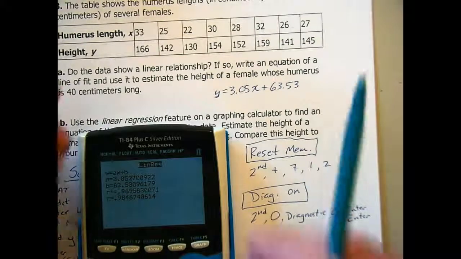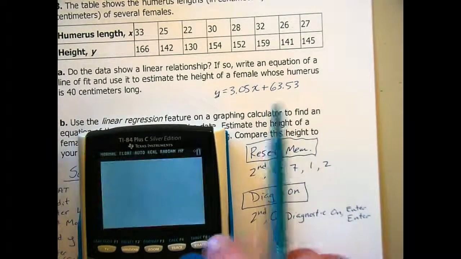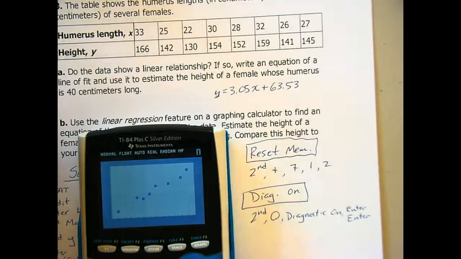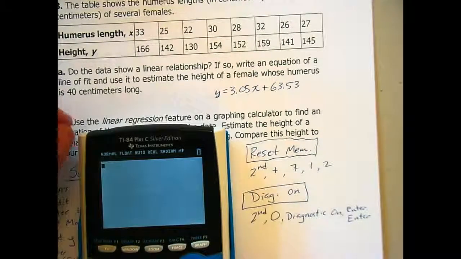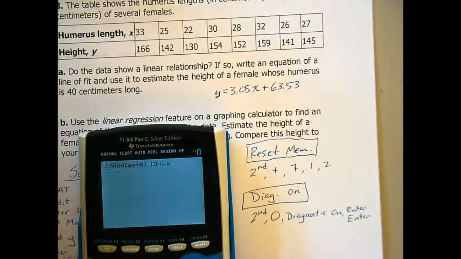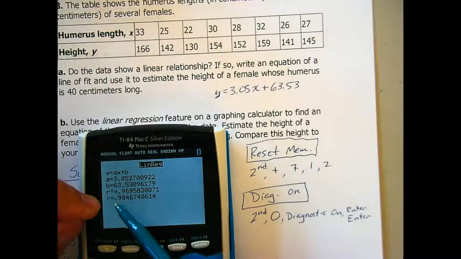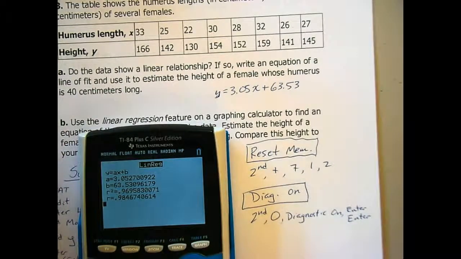That would mean it's perfectly linear. When I look at this picture, it is not perfectly linear. It's very close, but it's not perfect. It has a strong positive correlation. Okay, 0.969. That's what the diagnostic tool is doing. So if you didn't turn diagnostic on, you wouldn't see r squared or r.